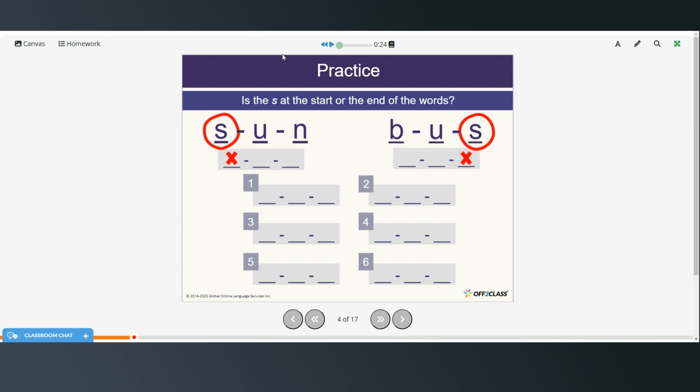Okay, so we'll listen. Sun. So sun is here. That's not going to do, so we'll mark it here.